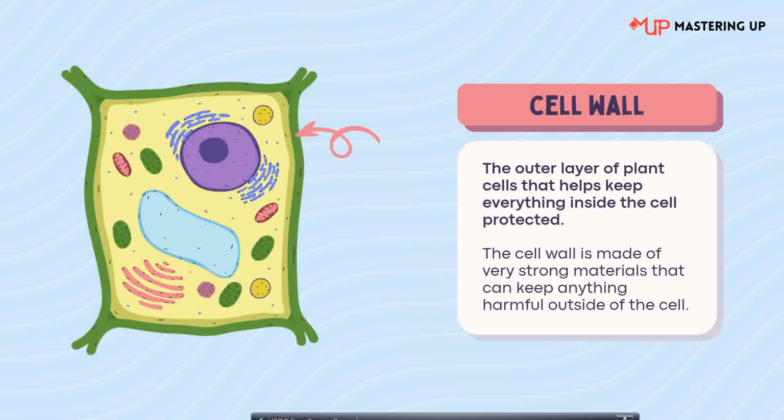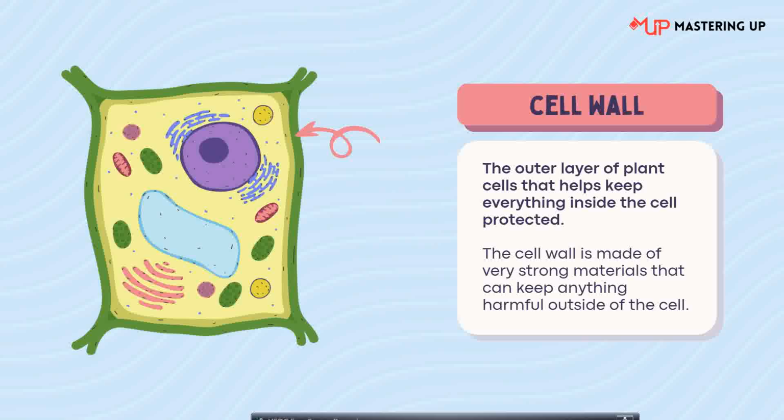But in the case of our human body, in the case of animals, a small blade can easily cause damage to our body, our cells. That is because of the difference in the structure of the cell. This plant cell has a rigid structure, the cell wall, which helps to protect and give a definite structure to the plant cell.